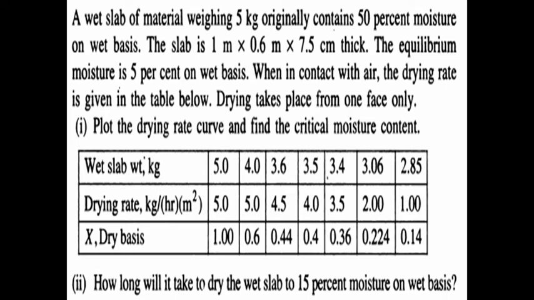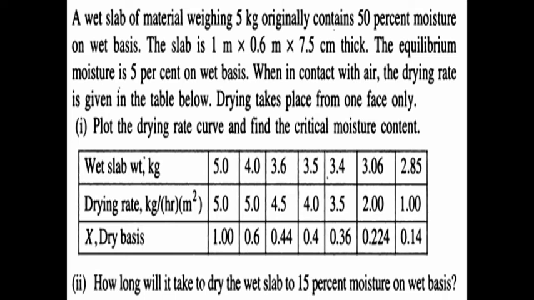Drying rate, capital N, in kg per hour meter square: 5, 5, 4.5, 4, 3.5, 2 and 1. Capital X, the dry basis moisture content: 1, 0.6, 0.44, 0.4, 0.36, 0.224 and 0.14.